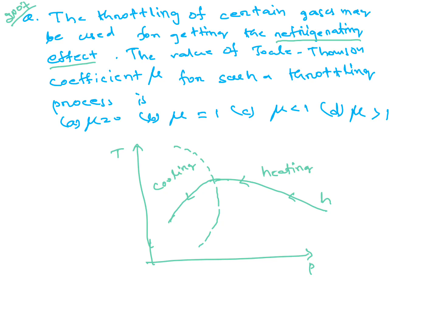Here mu equal to 0. This region mu is greater than 1. Here mu is less than 1. Mu is slope of the curve, dT by dP. Right. So in this question it's asked for getting the refrigerating effect. So cooling region, mu is greater than 1. D is the answer.